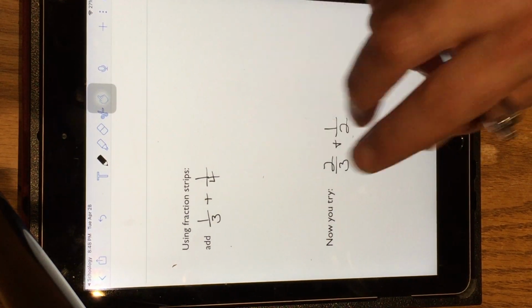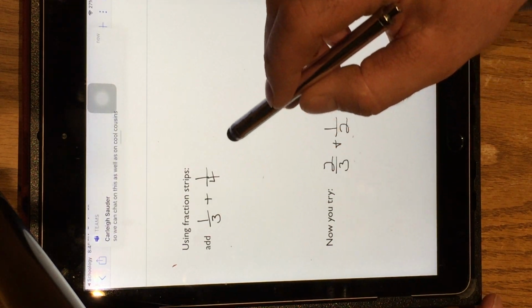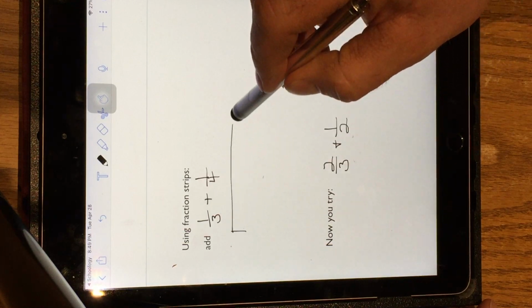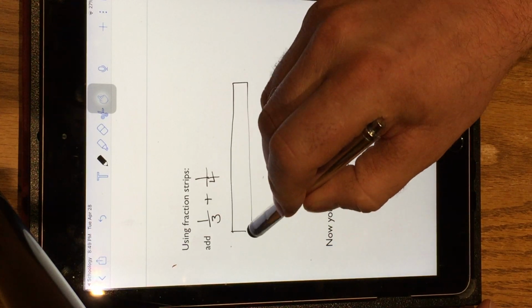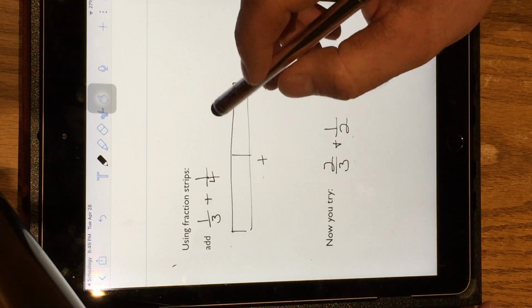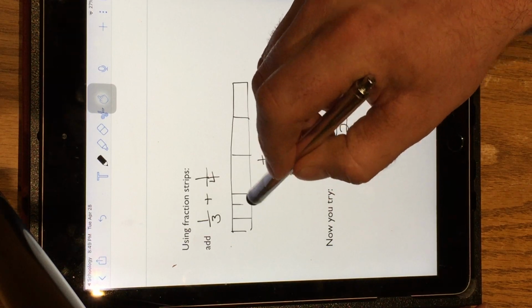We looked at a couple other examples. Here we have 1/3 plus 1/4 with fraction strips. That's going to be divided into 12 sections because 12 is the lowest common denominator between thirds and fourths.